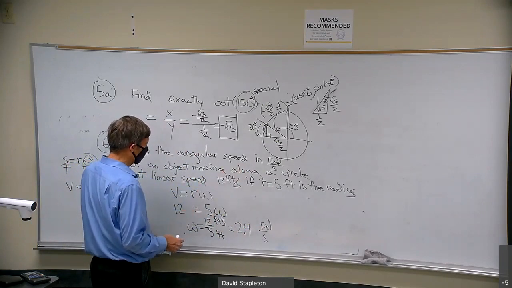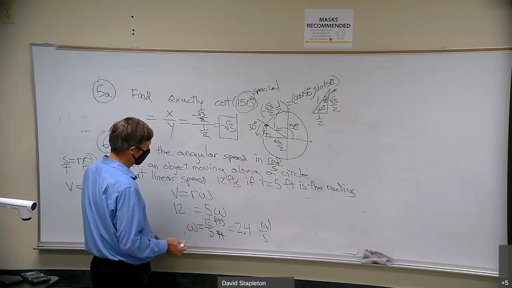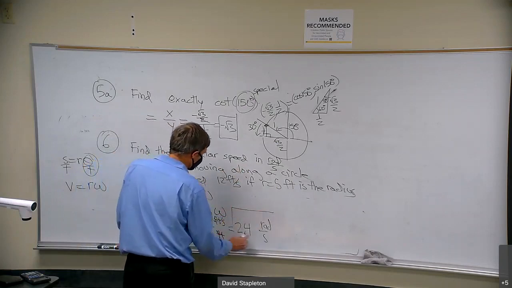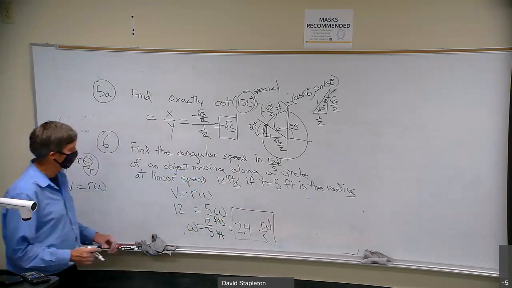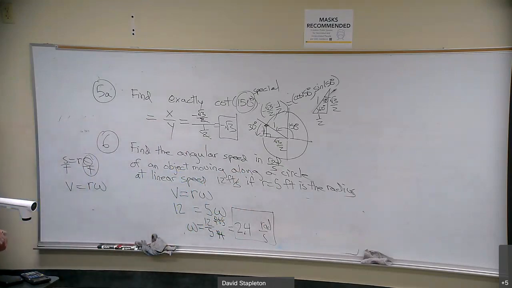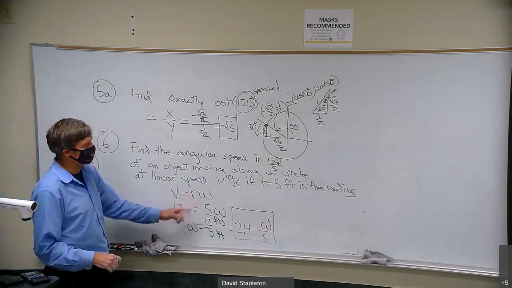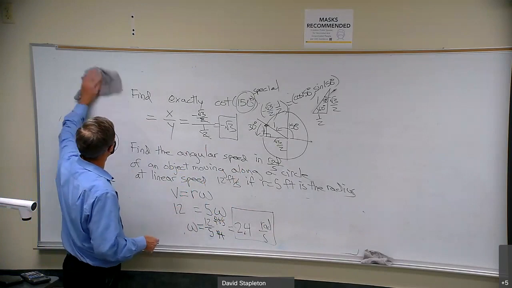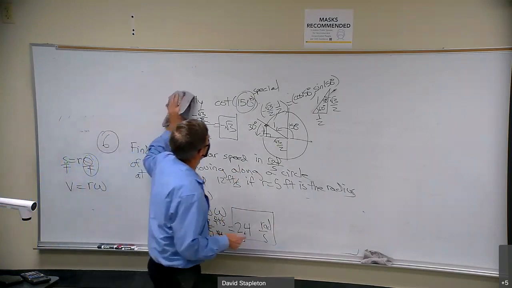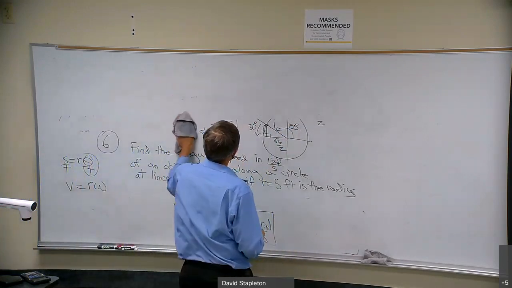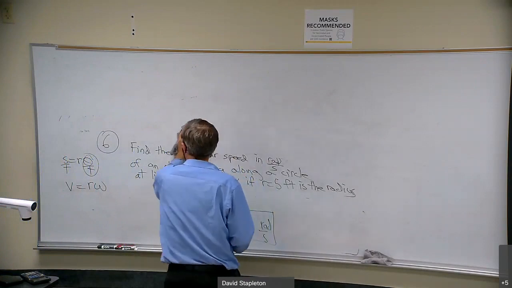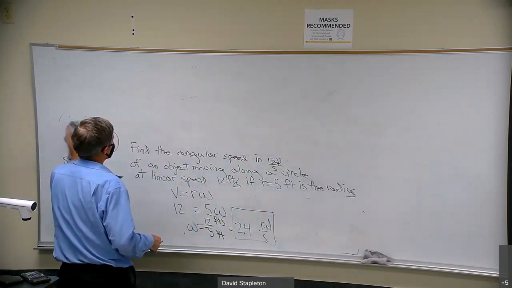So I'll put radians per second or 1 over seconds, and either way is how they'll write it in industry. There's the angular velocity. It's easy as that. V equals r omega, but it's kind of tricky to do. Velocity is distance divided by time. Angular velocity is angle divided by time.